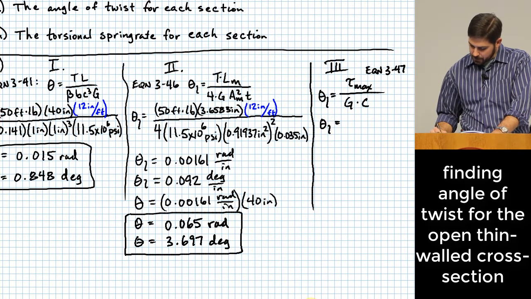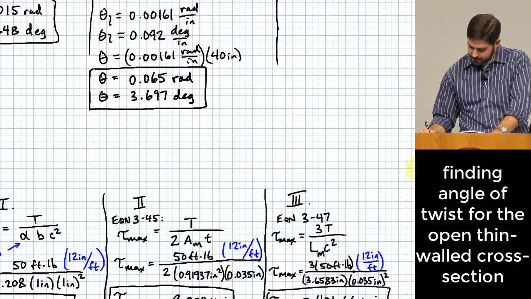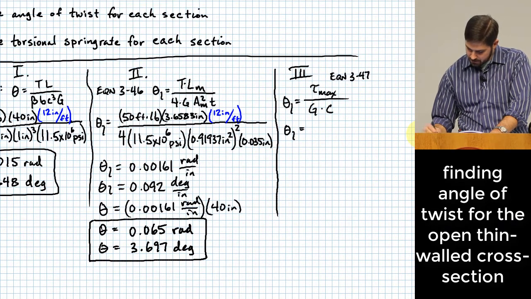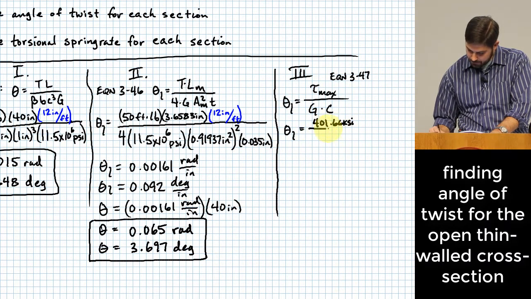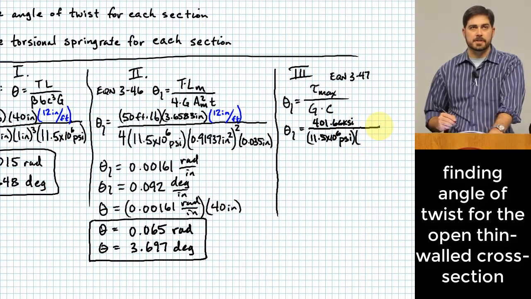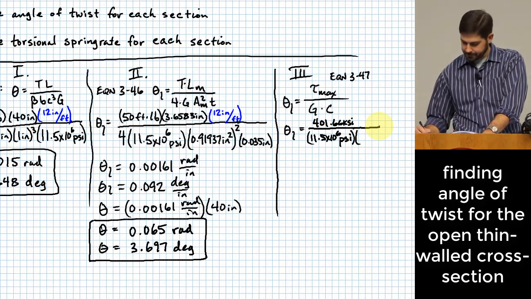So theta sub L is whatever we found for the stress down here, 401.66 KSI, divided by 11.5 times 10 to the 6th PSI for G. And C, again, is the thickness of the wall.